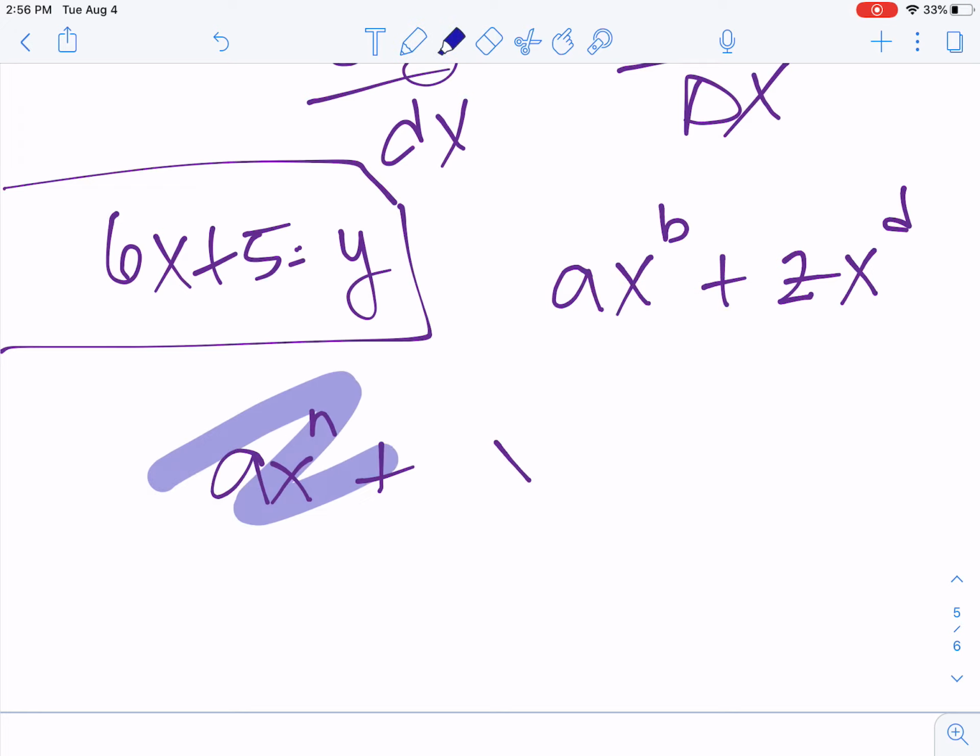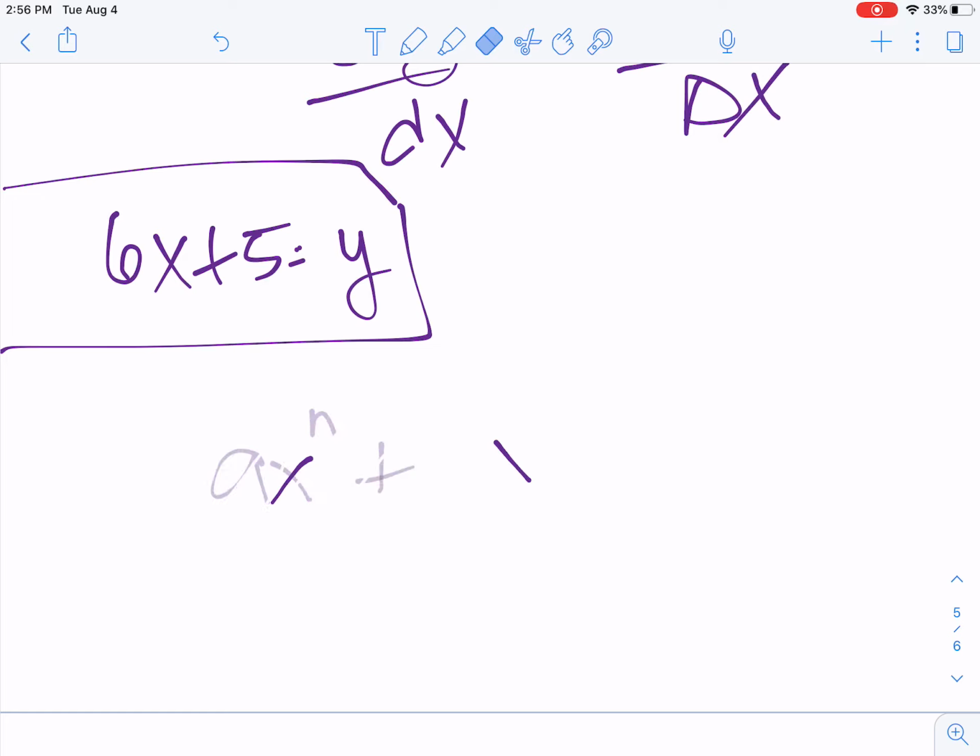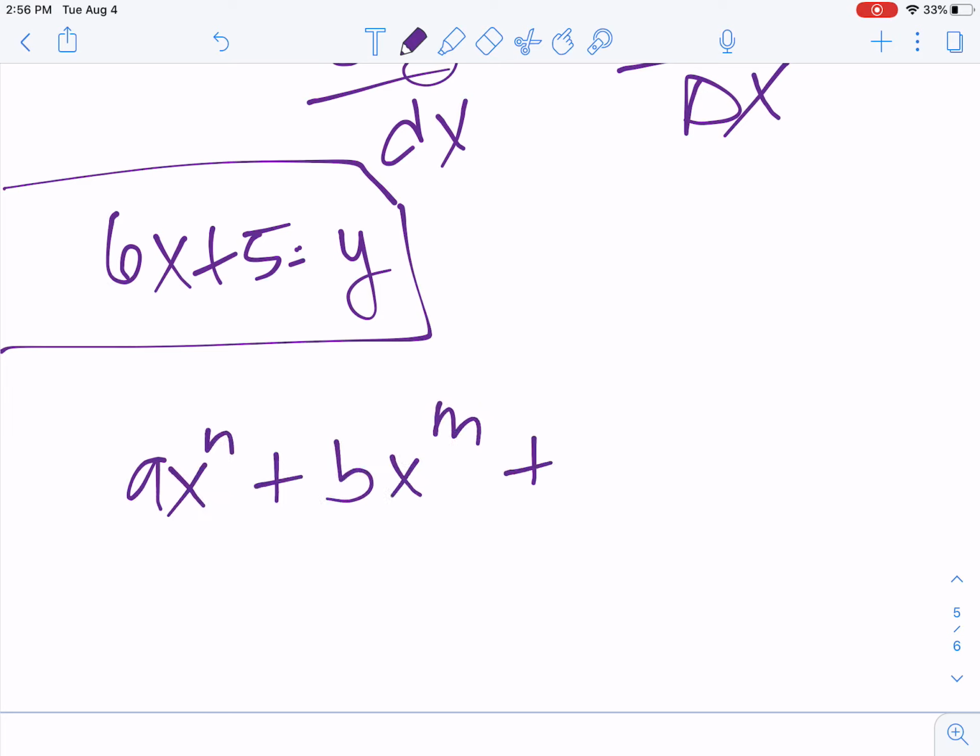We're going to ignore all that. Back up. I'm going to try this again. Okay. So our original function was ax to the n plus bx to the m plus cx to the z.